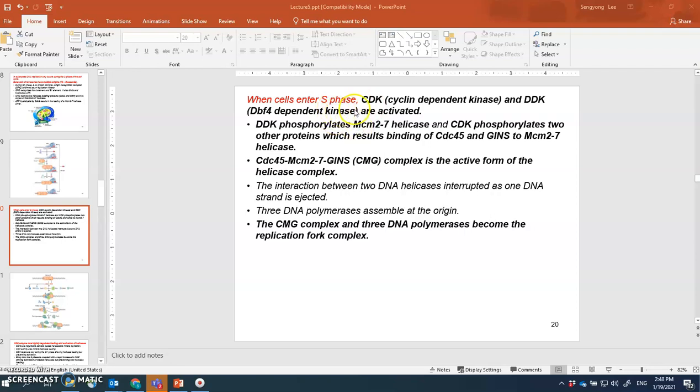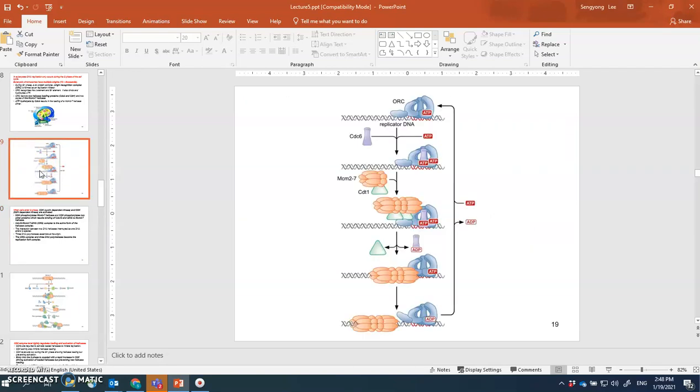CDK and DDK are activated, probably through a signal transduction pathway, and DDK phosphorylates the MCM2-7 helicase, and CDK phosphorylates two other proteins. The result is binding of CDC45 and GINS to the MCM2-7 helicase. The phosphorylation is not described in this diagram, but it is taking place by the kinase enzyme.